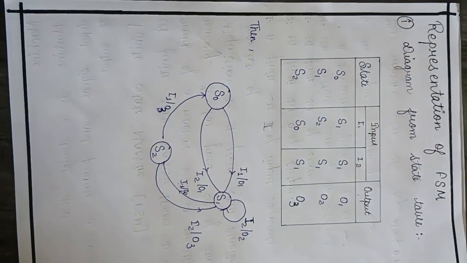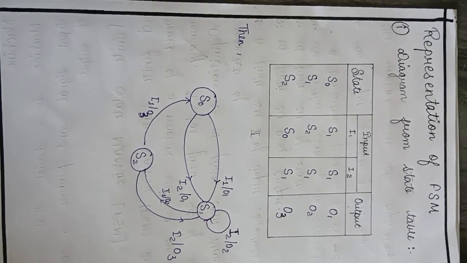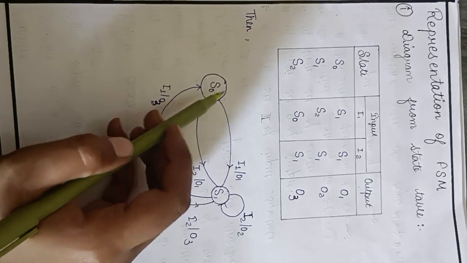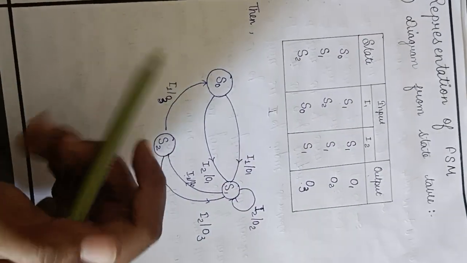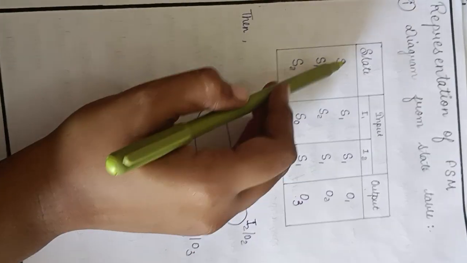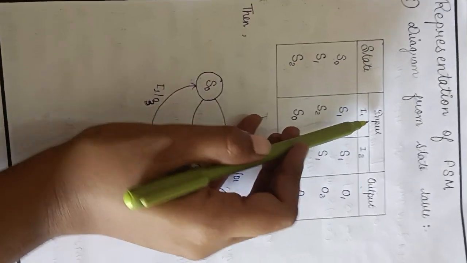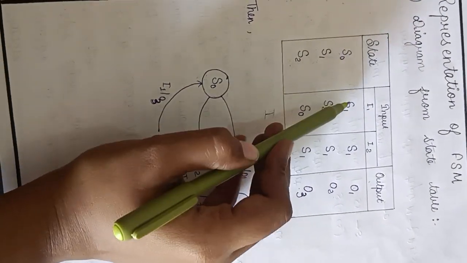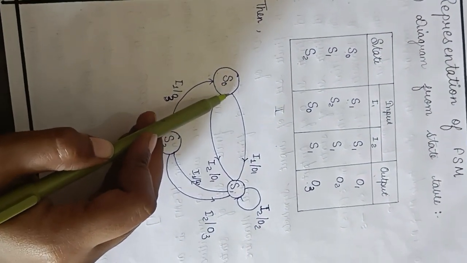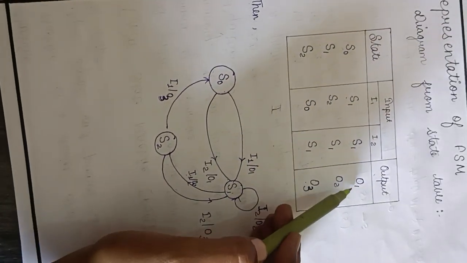We know that states are always represented inside a small circle, so here we have represented S0, S1, S2 inside small circles. In state S0 we have input I1, so the state changes to S1. So we draw an edge from S0 to S1 labeled input slash output, that is I1/O1.